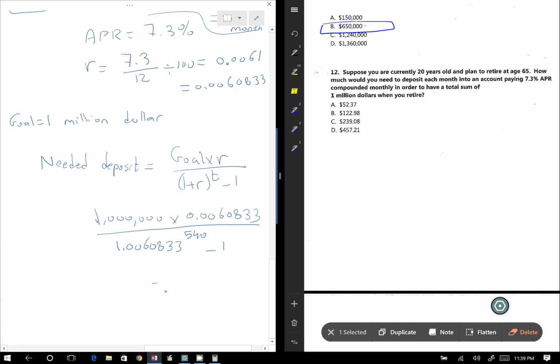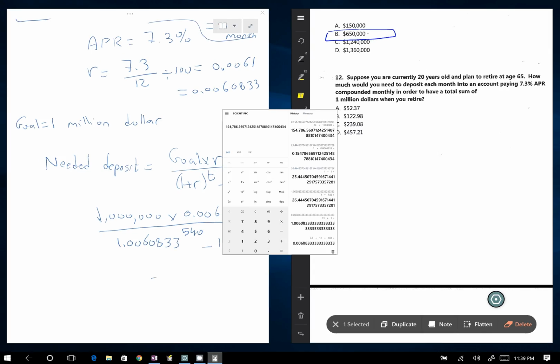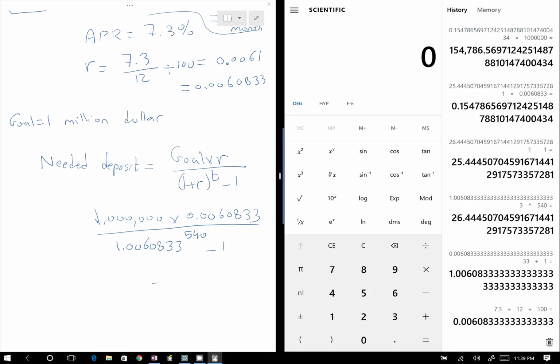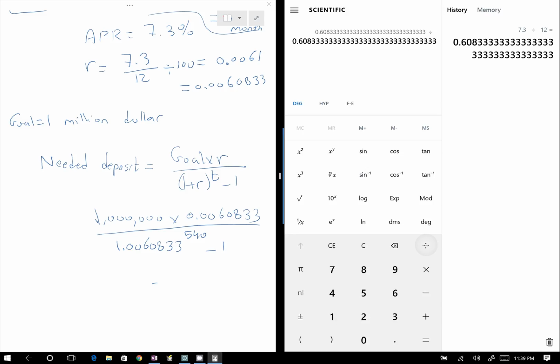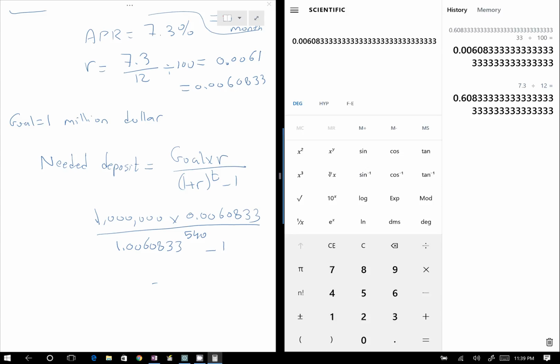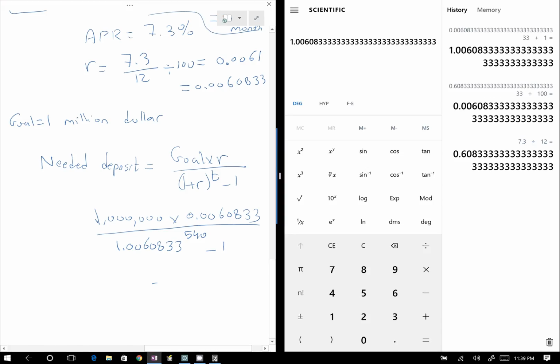So the goal is a million. Let me check my APR. 7.3 divided by 12 divided by 100. Okay, sounds good. Plus 1. How many terms?